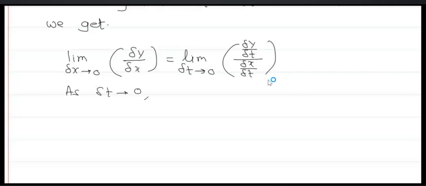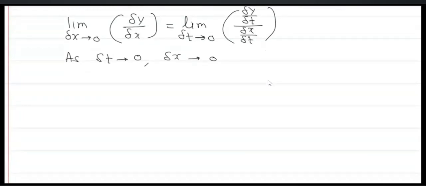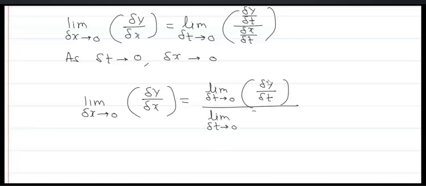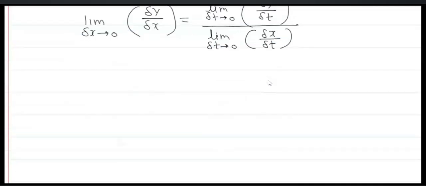As delta t tends to 0, delta x tends to 0, and the limit as delta x tends to 0 of delta y upon delta x is equal to limit delta t tends to 0 of delta y upon delta t in the numerator, and in the denominator limit delta t tends to 0 of delta x upon delta t. This is number 1.